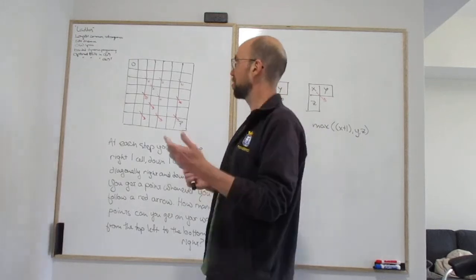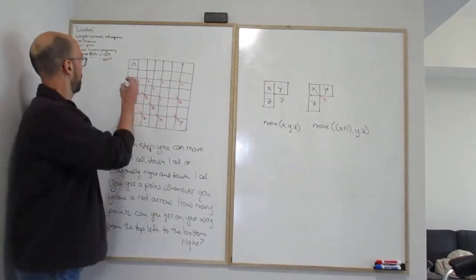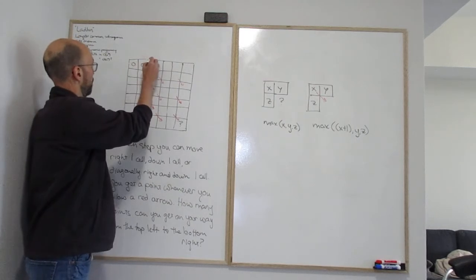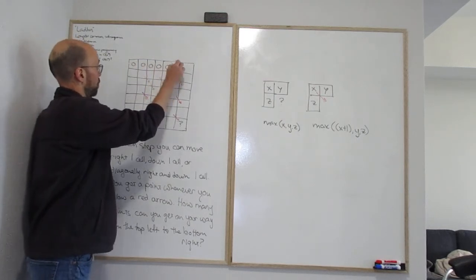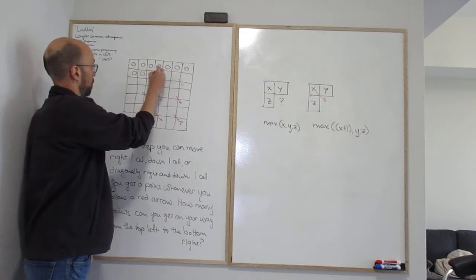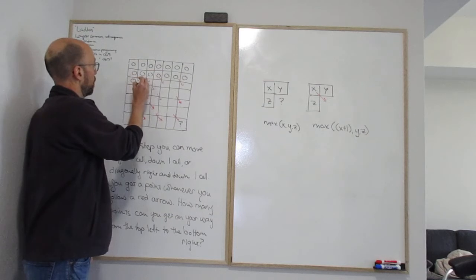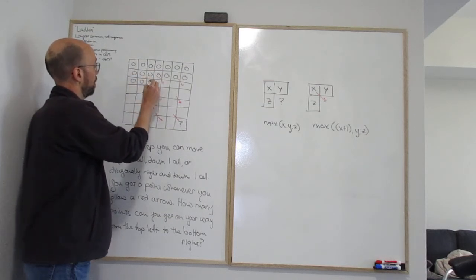So, okay, what would we actually do? Let's fill this in: 0, 0, 0, 0, 0, 0, 0, 0, 0, 0, 0, 0, 0, 0. This is a 0, this is now a 1. This is a 1 because it's the max of these three.